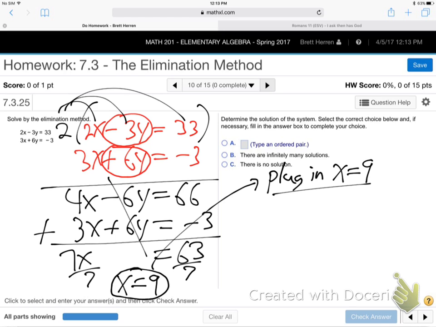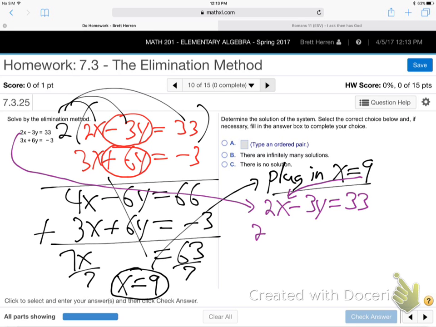We good there? So then you grab the first equation, what I always do anyway. 2x minus 3y is 33. Plug in the 9. What's that? 18 minus 3y is 33.